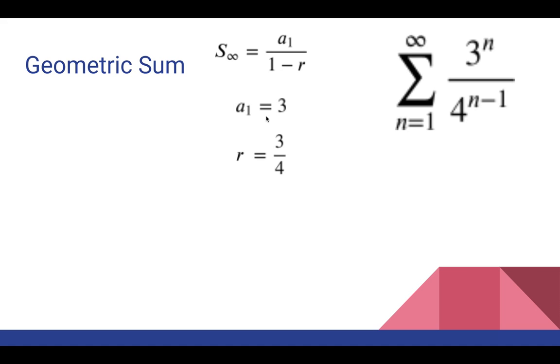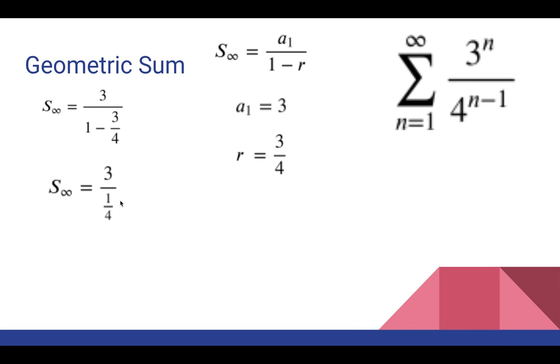Now, we already know the first term and the common ratio from when we wrote out the terms. We found the first term, and then we found the common ratio because each consecutive term was multiplied by 3 over 4. So if we plug those into the formula, 3 over 1 minus 3 over 4, 1 minus 3 over 4 is just 1/4.